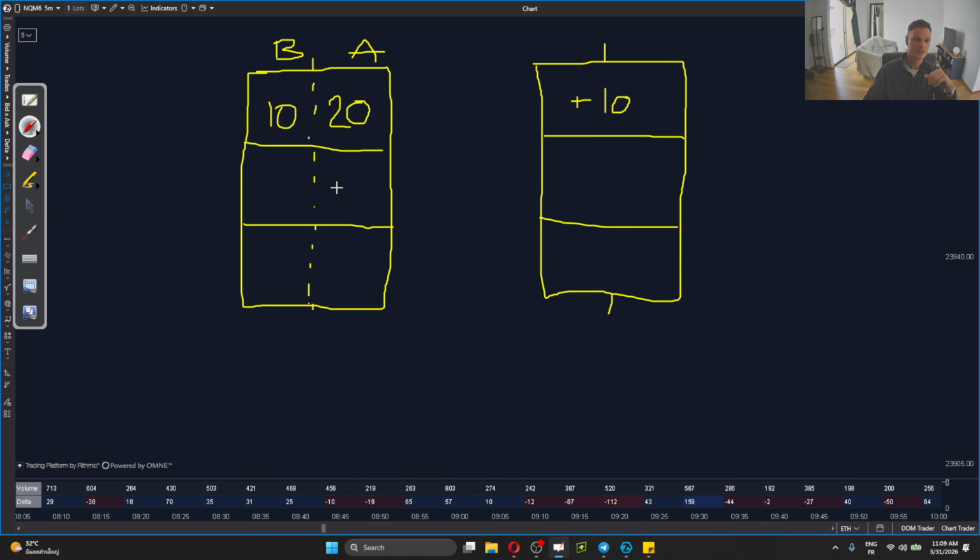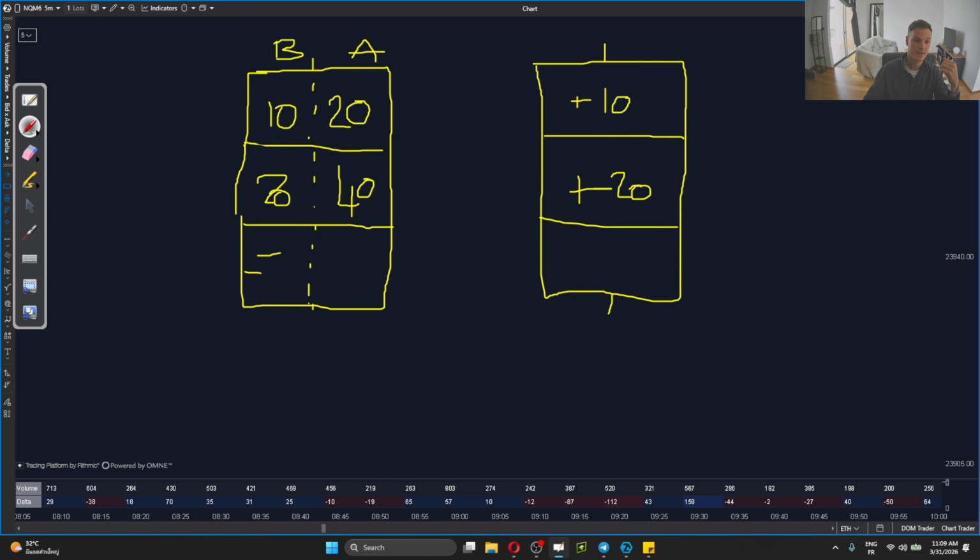Let's say at this cluster we had 40 buyers and let's say, I don't know, 20 sellers, okay? That would give us a delta of, easy math guys, plus 20, okay? And finally here, let's say we had more sellers.